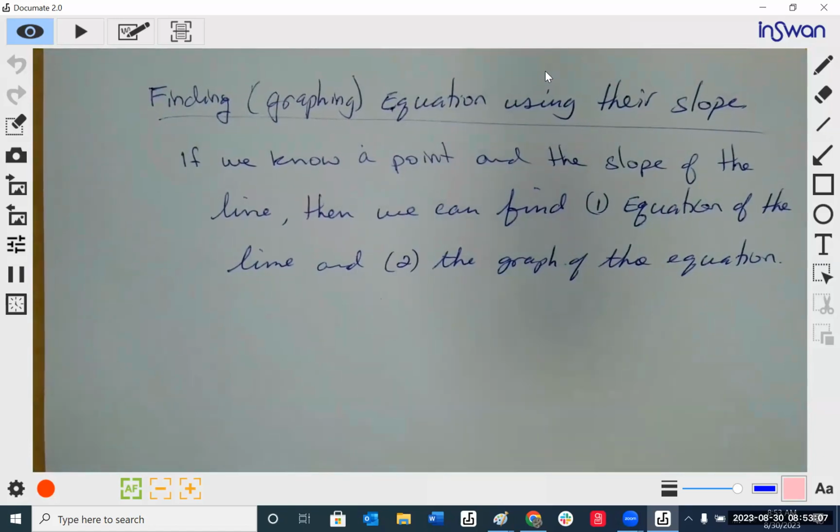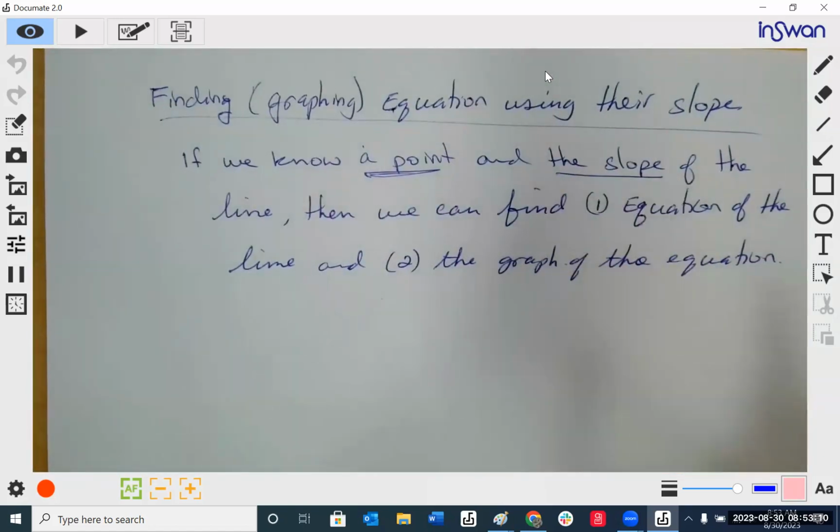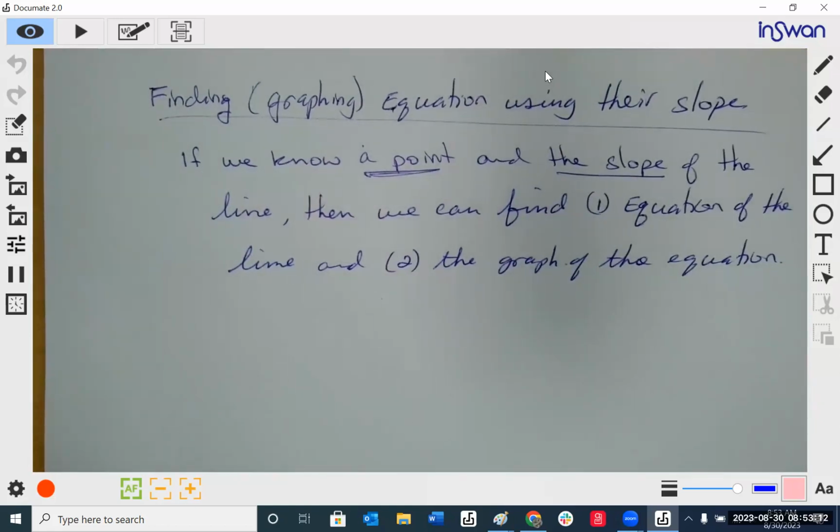So if we know a point and the slope, since we're only dealing with graphs, we can graph that equation.